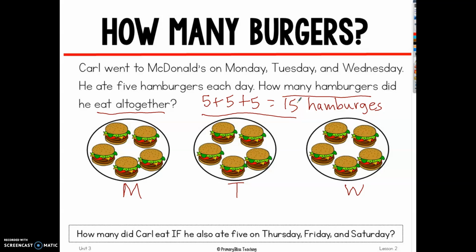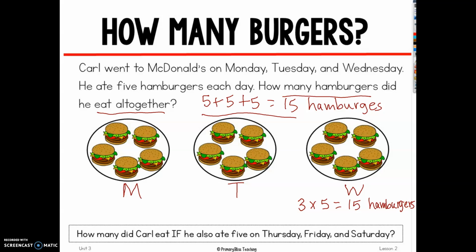Another number model I could use would be there were 3 days, Monday, Tuesday, Wednesday, and he had 5 burgers each day, and he had 15 hamburgers. So 3 times 5 would also be an appropriate number model to use to figure out how many burgers he ate on Monday, Tuesday, and Wednesday.